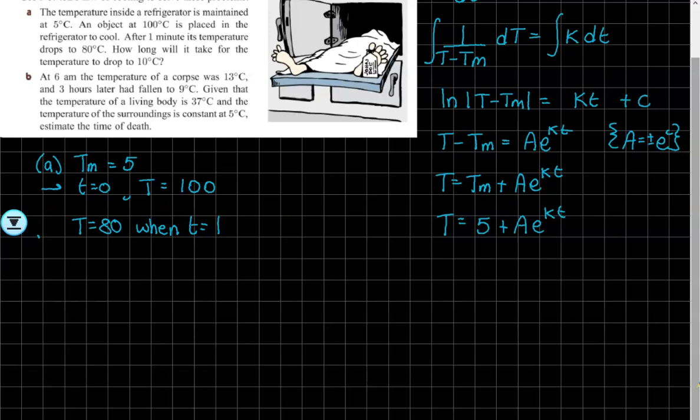So what do we got? We've got 100 equals 5 plus A e to the 0. So therefore A must be 95, correct?